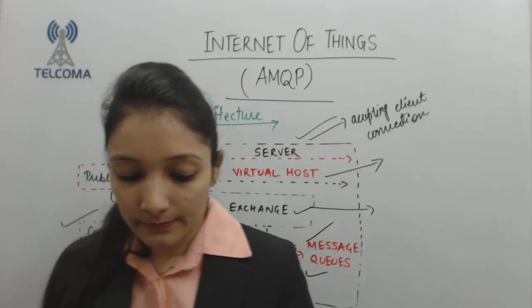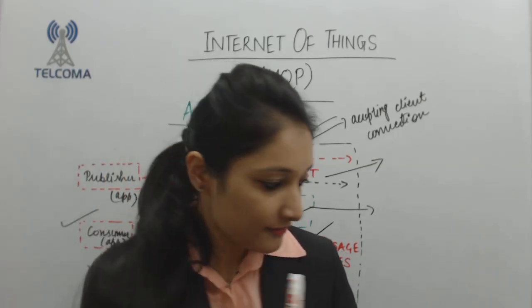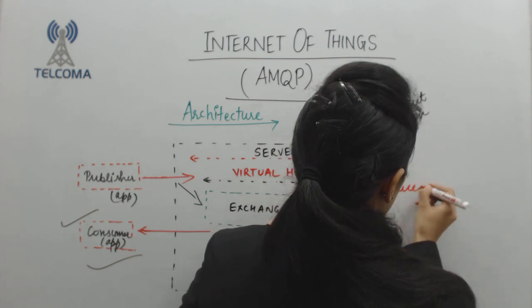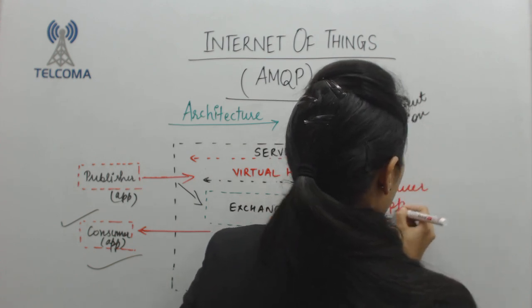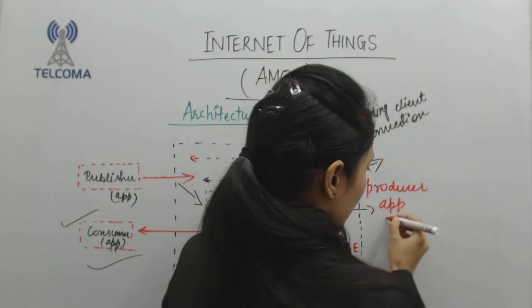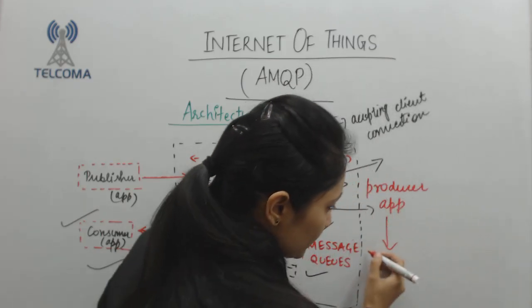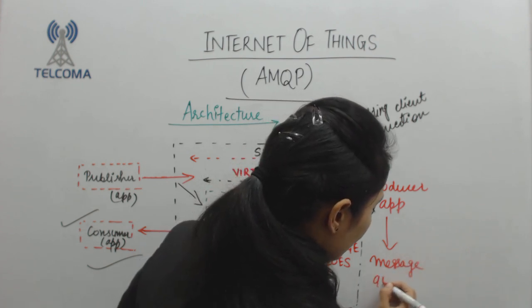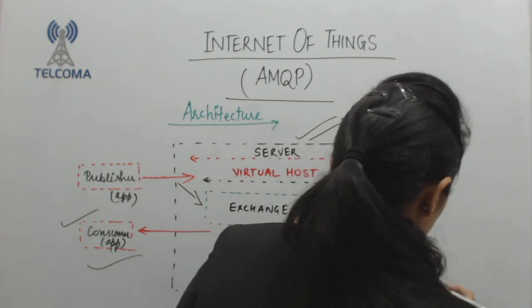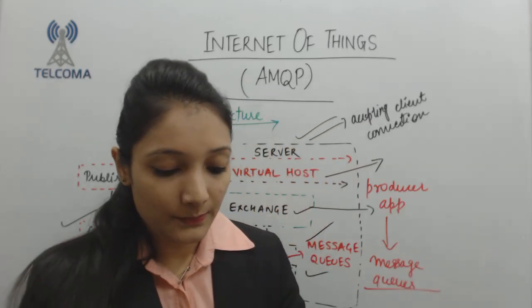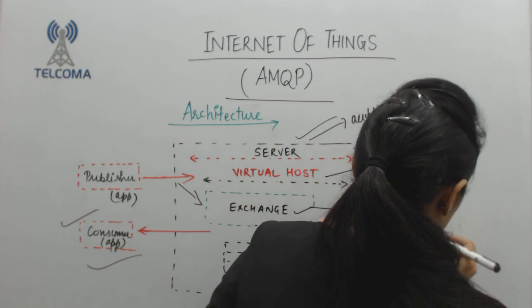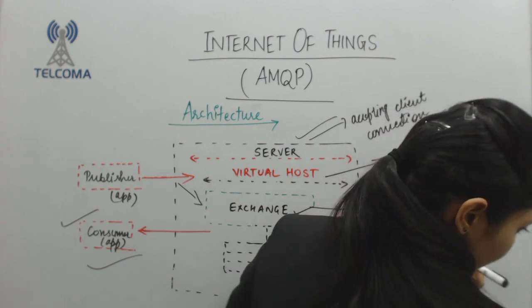So that means you have the producer or your publisher application messages. These messages are to be forwarded to the message queues, but you have the exchange here.